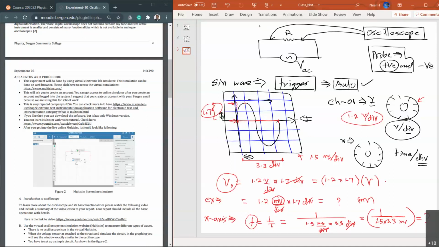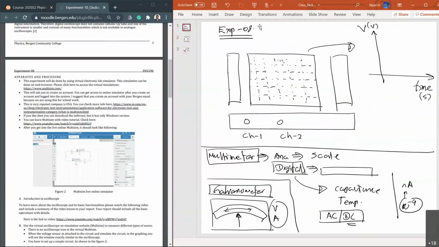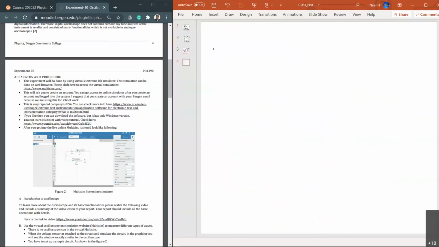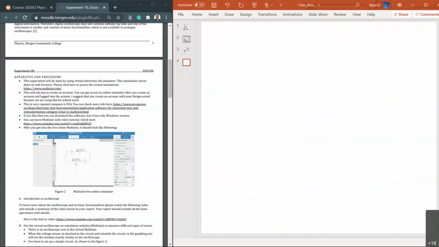Good, no problem. All right, then let's continue. I think everybody has a good idea of what we're trying to do. In today's experiment, basically what you're going to do is measure these waves, right? When it comes to these waves, there are a couple of different types of waves we're going to investigate. We're going to set up a simple circuit, one resistor or two resistors with the voltage given.